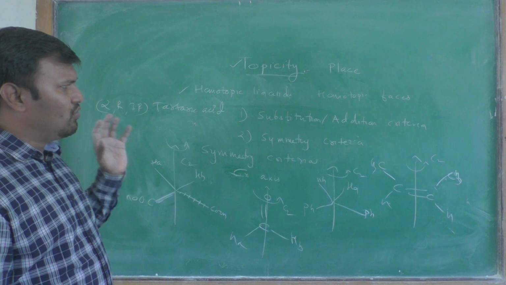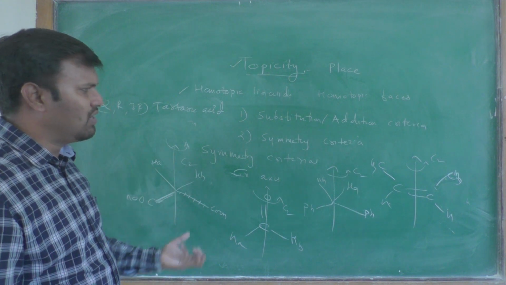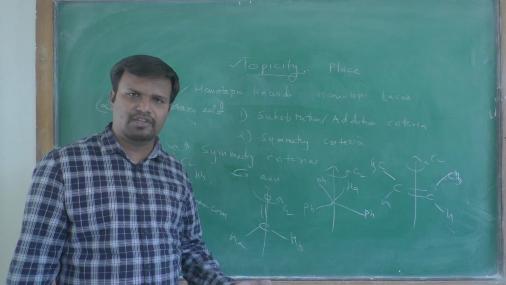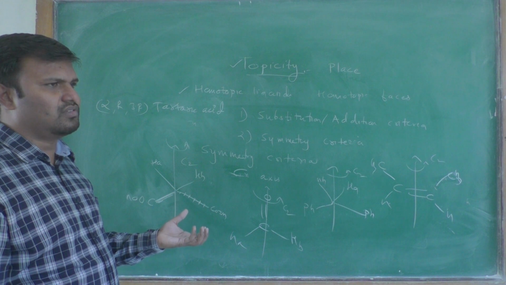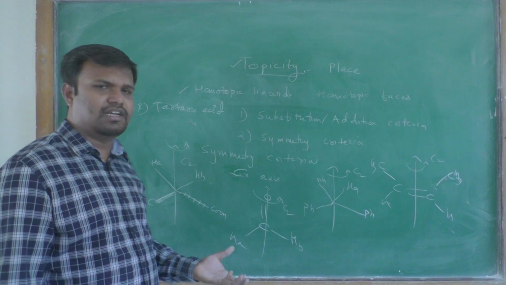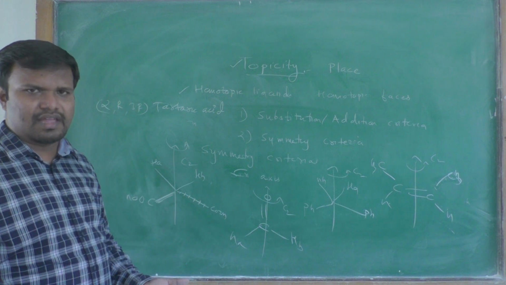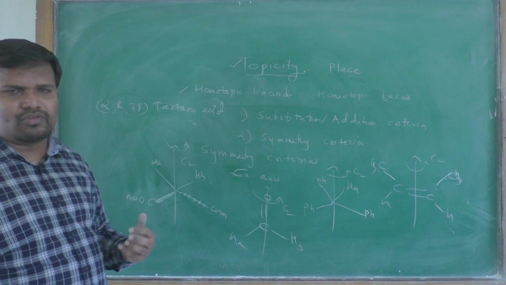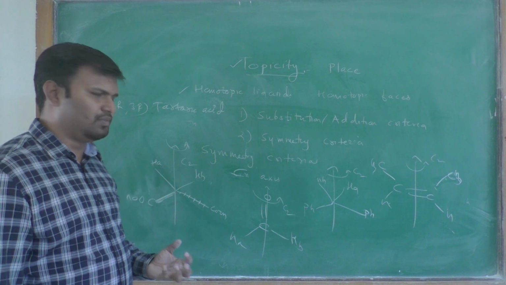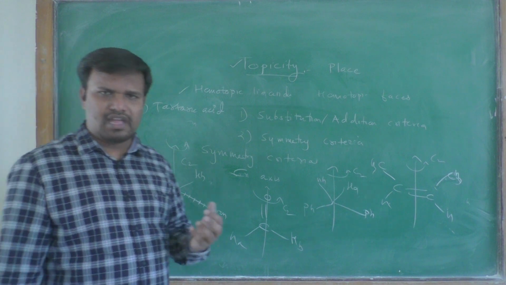Therefore by using the substitution criterion or the symmetry criterion, you can predict whether your ligands are homotopic ligands or the faces are homotopic faces. In this way we can predict topicity in homotopic groups. I hope you get all these ideas. Thank you very much.